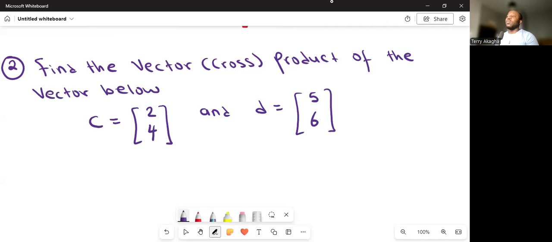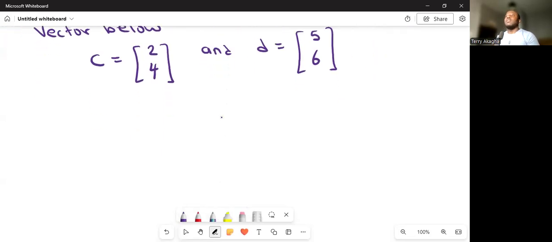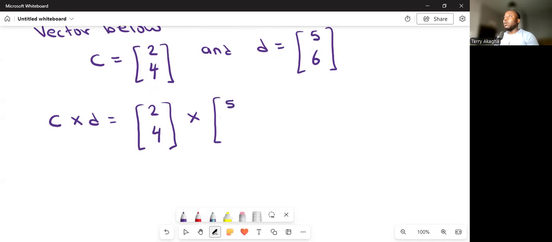Okay, so the same principle we're going to apply, nothing different. So we're going to have C times D equal to 2, 4 multiplied by 5 and 6. And now this will be the same thing.